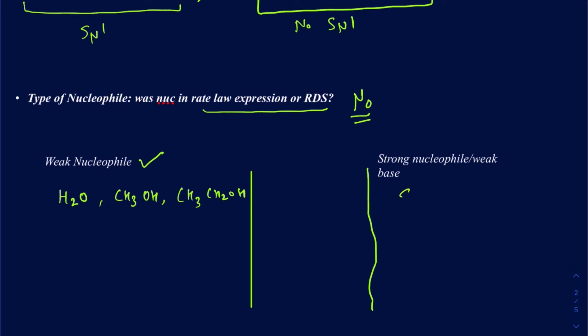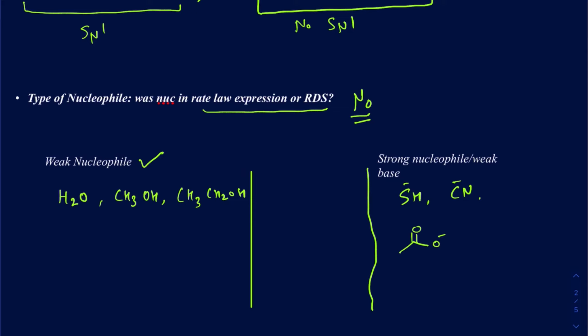So I could still have SH minus, and I could still have CN minus, and I can still have something like acetate. In terms of their basicity, some of those bases are a little bit stronger than the other ones, but they're not very strong bases. So in general they would be acting as a nucleophile rather than a base.